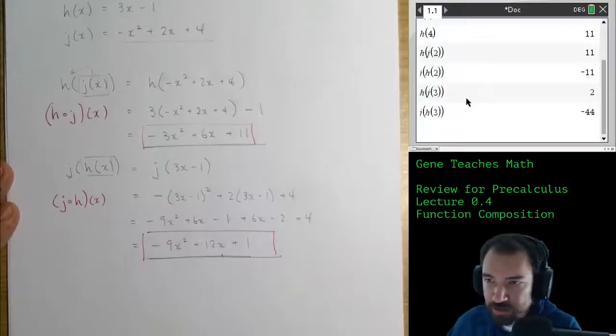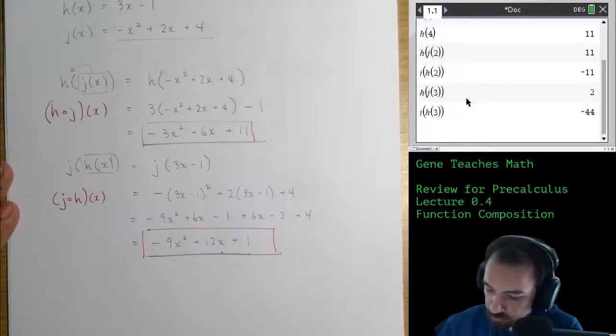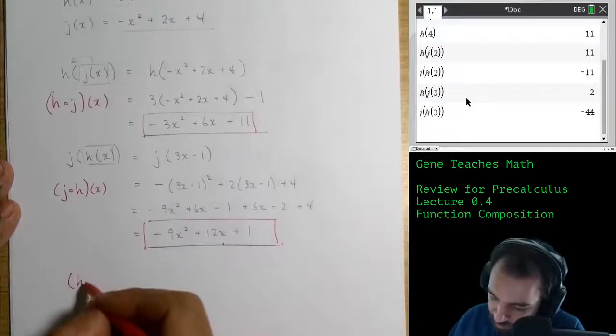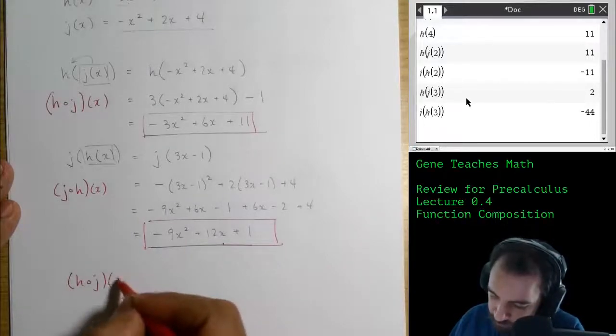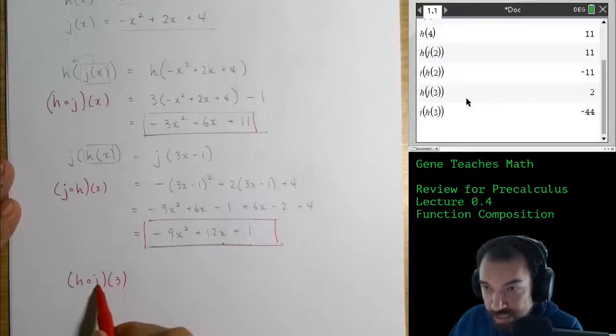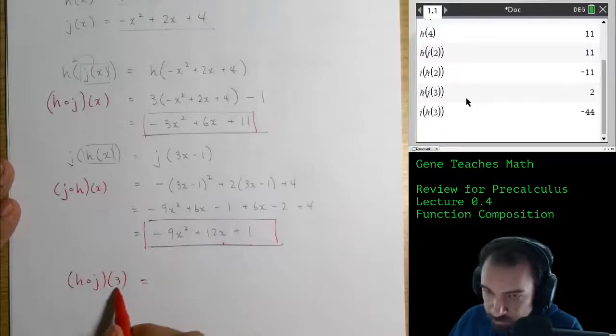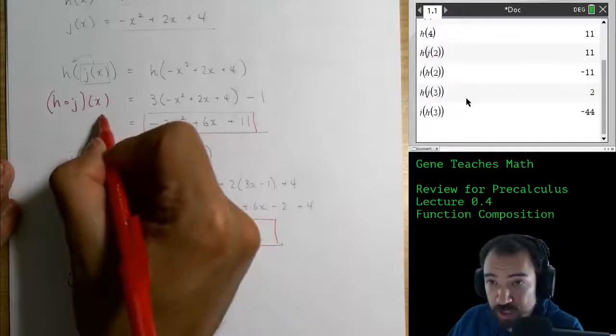And we can try things. For example, on the screen you say h of j of 3. So what if I wanted to do h of j of 3? Instead of plugging the 3 into the j, taking that output and plugging that into the h, perhaps I can just plug the 3 directly into the function rule for h of j of x.